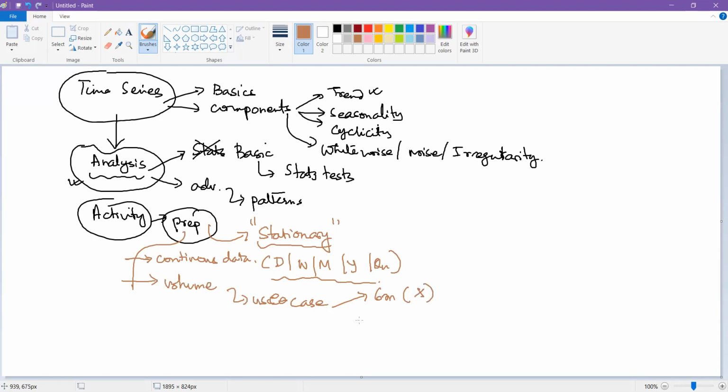Let's say the volume of the data is X, and then I have a use case where I need to predict for the next 5 years, then I'll have another volume of the data which is, let's say, X bar, and obviously X in this case will be less than X bar, which we can really understand, because to predict something as big as the next 5 years, we'll need more data as compared to predicting the next 6 months.